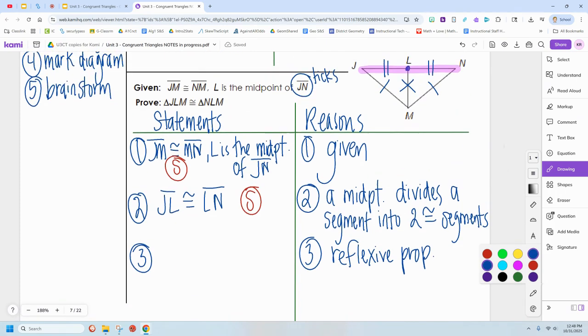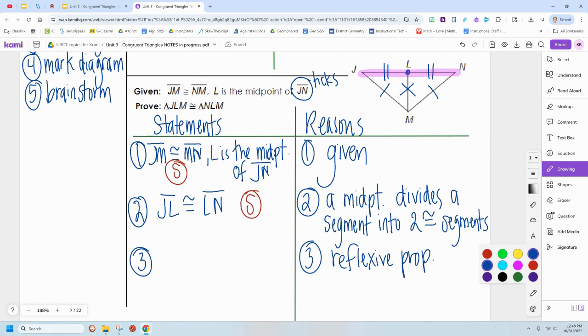Tyler, can you tell me how I write down the statement for the reflexive property? What do I have to say is equal to itself? What did I put the X on? Yeah, LM is congruent to LM.